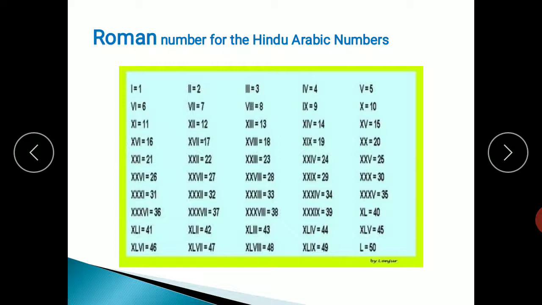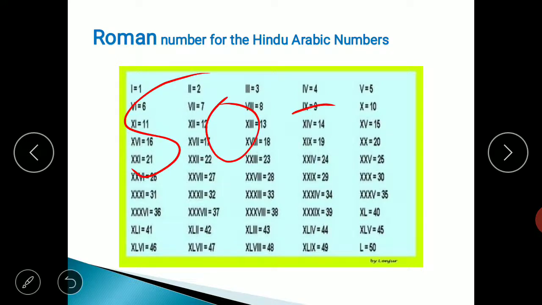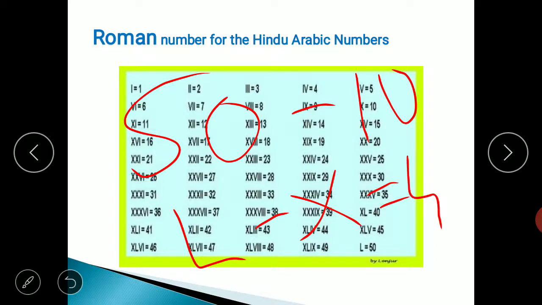In the chart only 50 is there, so you make 50 minus 10. 50 is L and 10 is X. 50 minus 10 is 40.